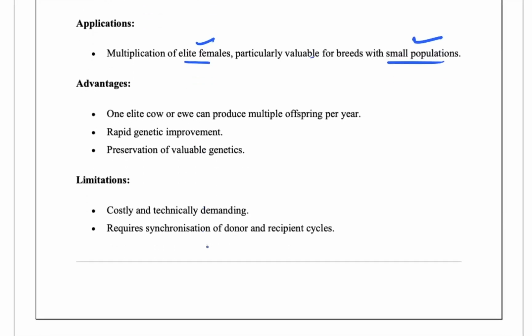Advantages are, one elite cow or ewe can produce multiple offspring per year, because the reproduction procedure is long and it takes time, and along with that it also deteriorates the body of the female, right? During the parturition process, it weakens the body of the female.